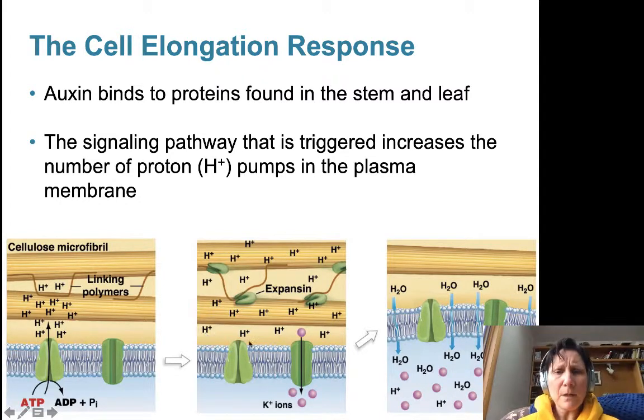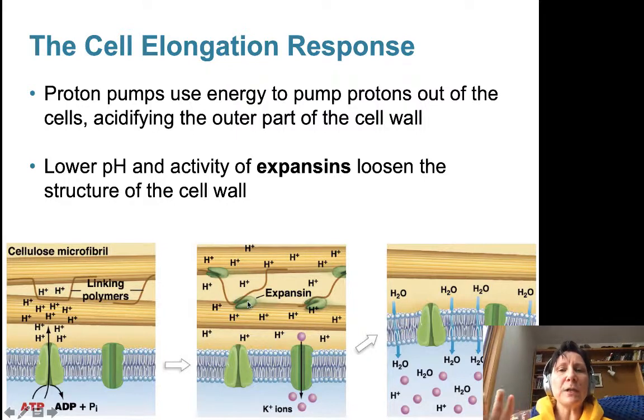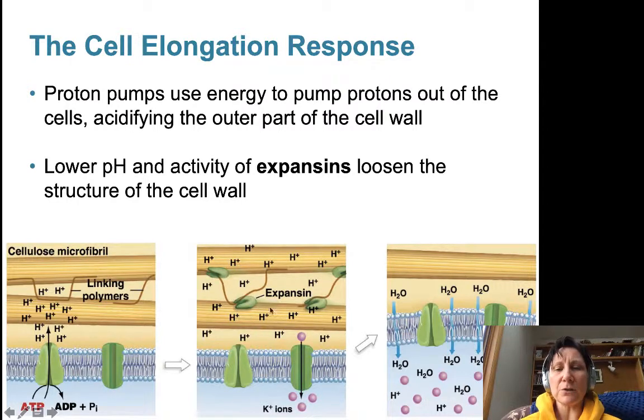Proton pumps use energy to pump protons out of the cells, and it's going to acidify the outer part of this cell wall, okay? That lower pH and the activity of expansins are going to loosen, so this acidification causes loosening of the cell wall structure, okay?